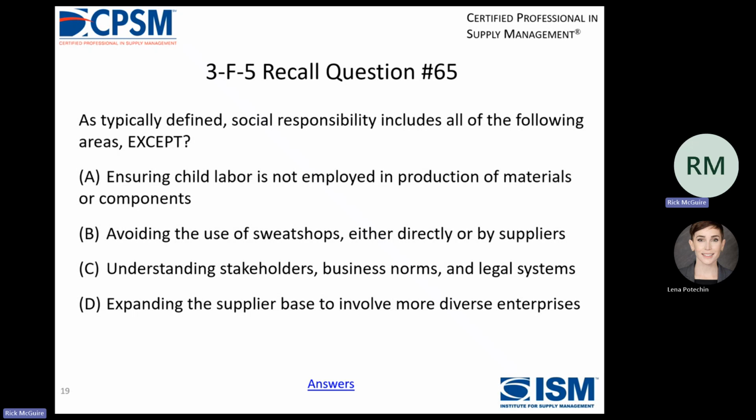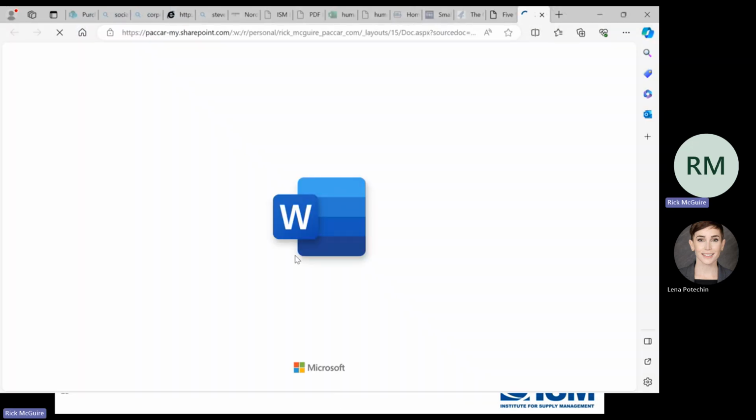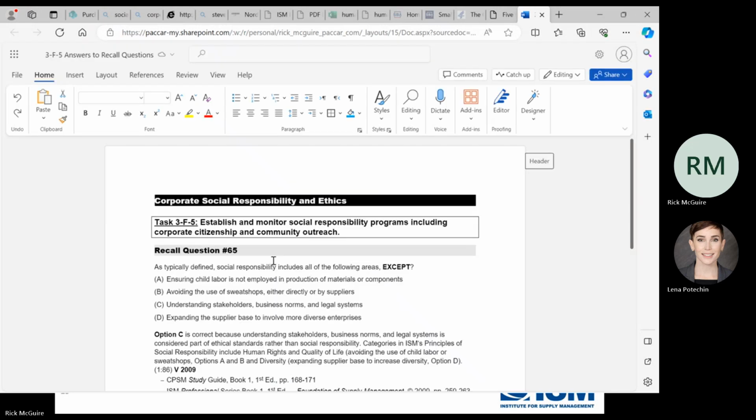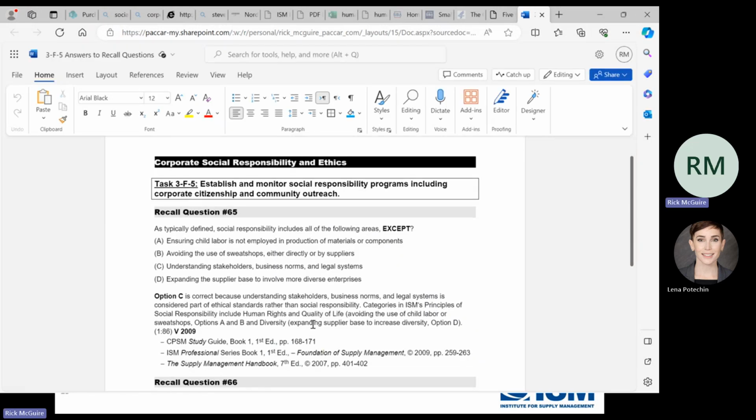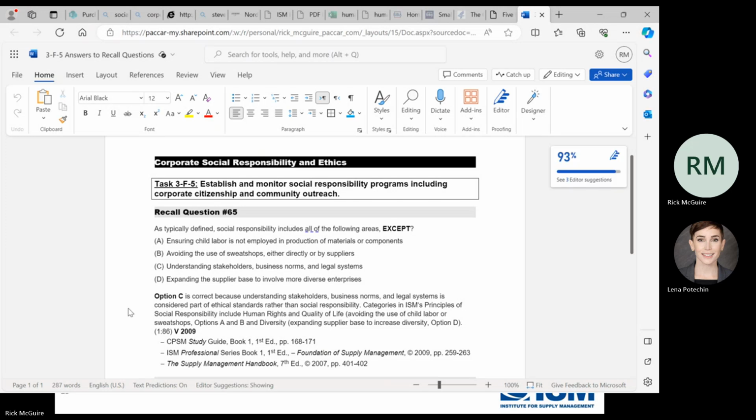The question is, which one do you like better, C or D? Yeah, D. Yeah, I would go with that too, probably. Let's see what these guys have to say. C it is. Part of ethical standards rather than social responsibility.